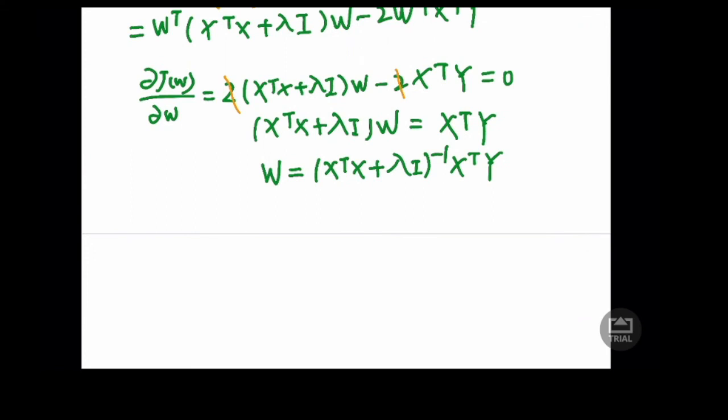Problem is solved. But let's look at these terms. This is a symmetric matrix. It's positive semi-definite. And this term, as lambda is a positive constant, is a positive definite matrix.